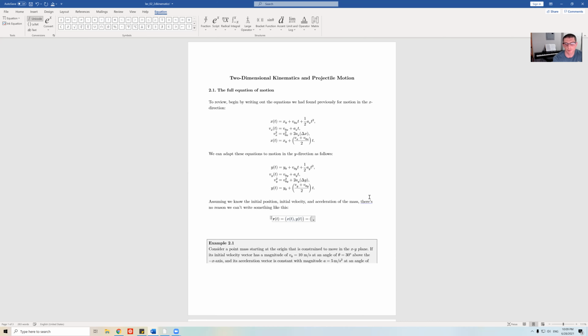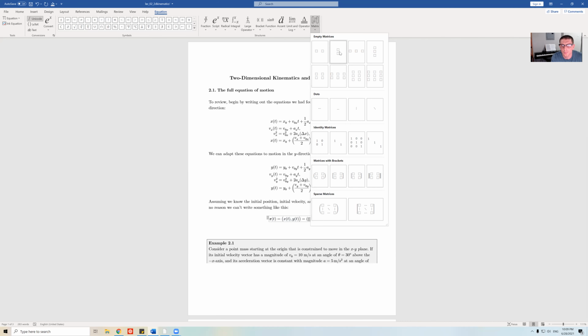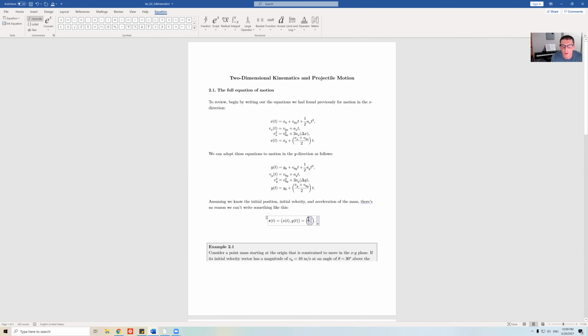And I'm going to take this a step further. I'm going to use the column vector notation that I introduced in the 0th lecture. I think this makes it a little easier to look at, even though I understand it's a lot to write.